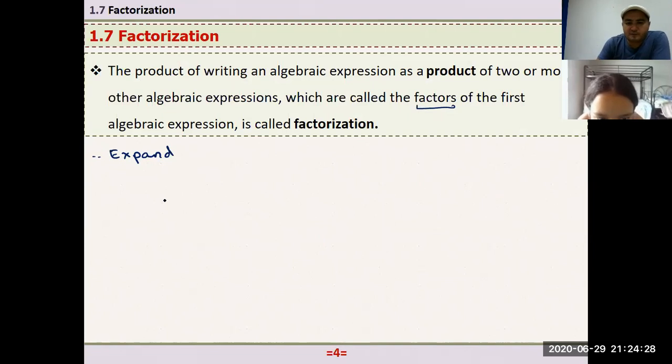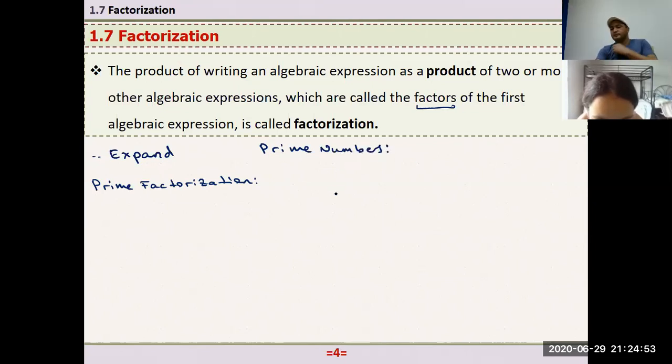And like, for example, when you were studying in primary school, you also learned how to do prime factorization of numbers, right? If you remember, let me just write here, prime numbers. What is a prime number, Shahina? Do you know? Do you remember?